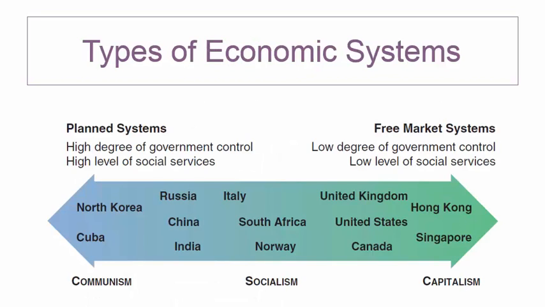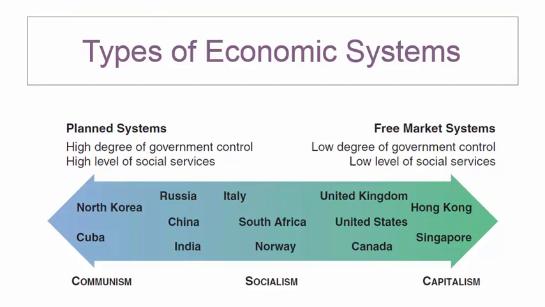Okay, so you take a look at some of the examples here, and you can see countries that fall into these different areas of planned systems. North Korea and Cuba are very planned economies, more towards the communism type of government. The capitalism side tends to be more your market economies.